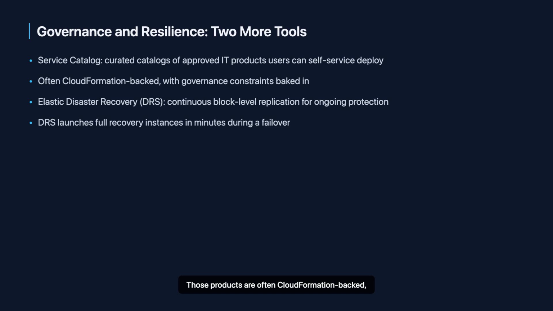Those products are often CloudFormation backed, with governance constraints baked right in. So instead of giving developers raw access to every Amazon Web Services service, you hand them a menu of pre-approved, compliant building blocks. The resilience side is Elastic Disaster Recovery, abbreviated DRS.